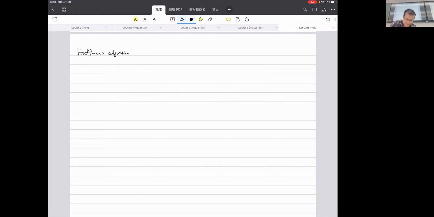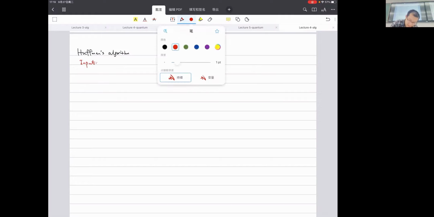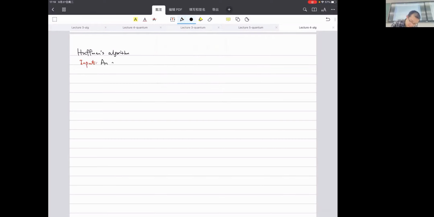For Huffman's algorithm, the input is an alphabet S, and also a frequency f_x for each letter.